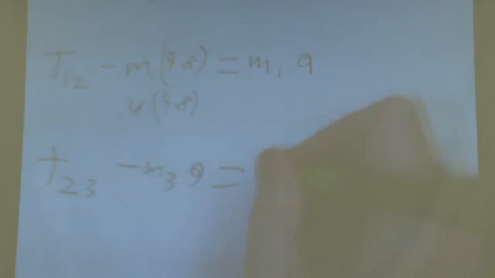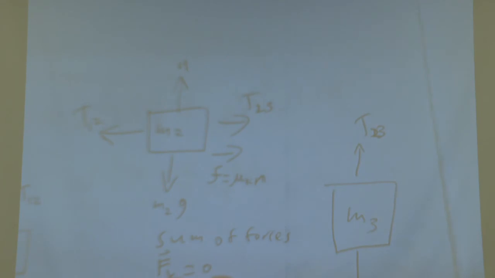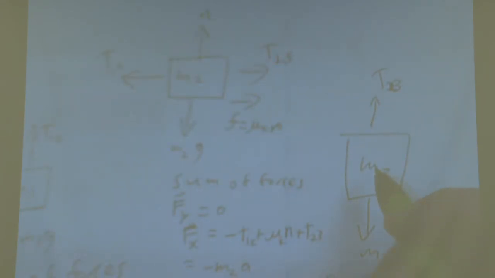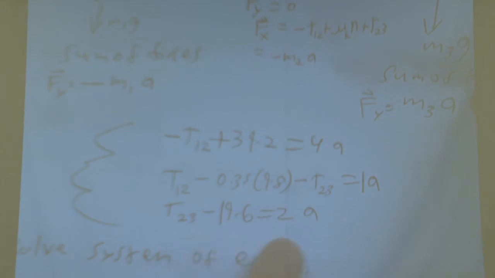But now this one's going to give us a positive answer because we know the direction, okay? This is going to go up. We know that this is bigger than this. So that's where this comes from, okay? 2a. 2 is the mass. 9.8 times 2 equals 19.6.